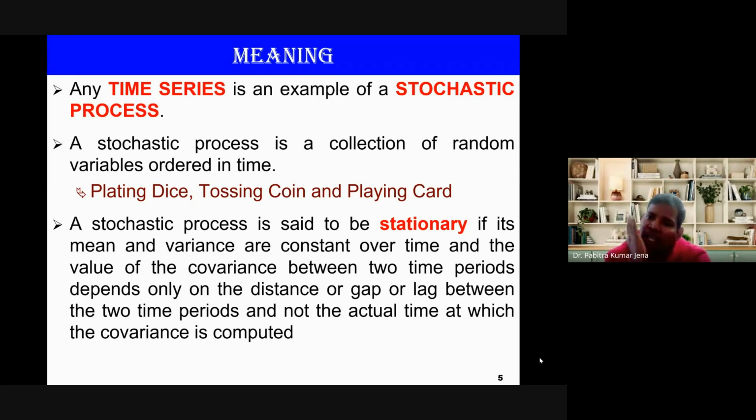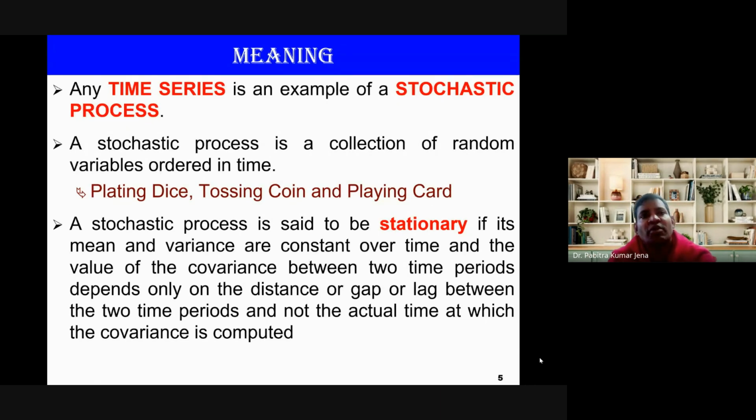When you toss a coin, head and tail have equal probability of occurrence. In playing dice also, there are numbers 1 to 6, and they have equal probability of occurring.